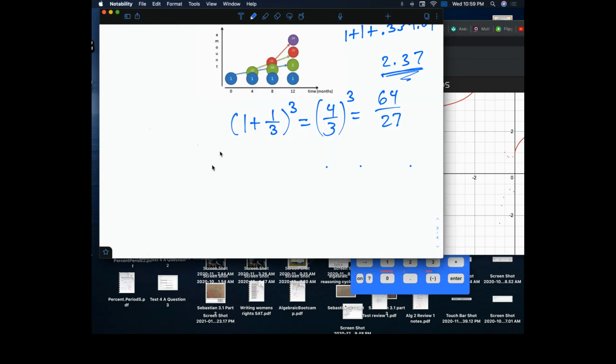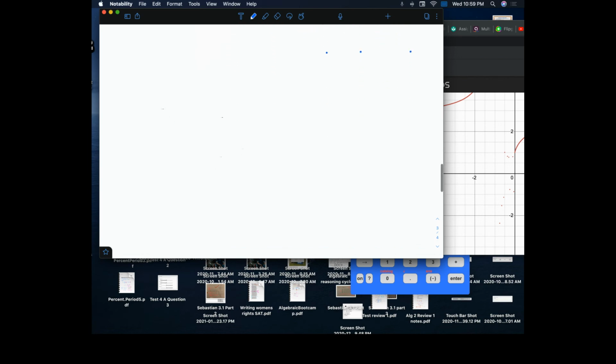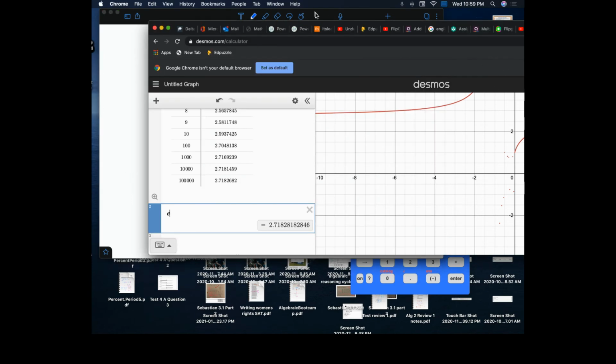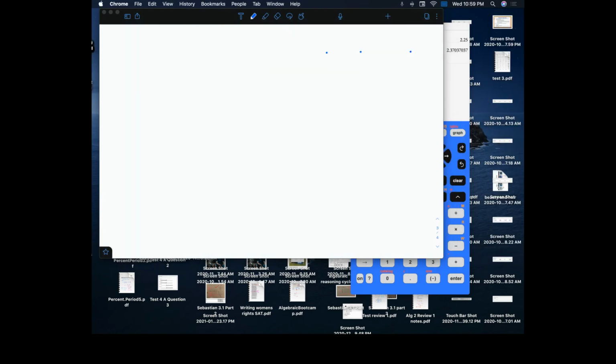So what we say in fancy math notation, give me 1 second, I'm going to pull this up. In fancy math notation, this right here. This is what we say.